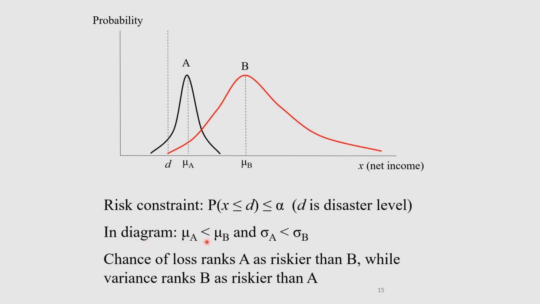In this diagram, the mean of A is less than the mean of B, and the variance of A is less than the variance of B. So the chance of loss ranks A as riskier than B, while the variance ranks B as riskier than A. Because of this disaster level, A is ranked as being riskier than B, but when you look at the variance, even though B is always going to be higher, it ranks B as riskier than A. But of course, everyone in the room will know that you prefer this distribution over this distribution, or one would think you would.